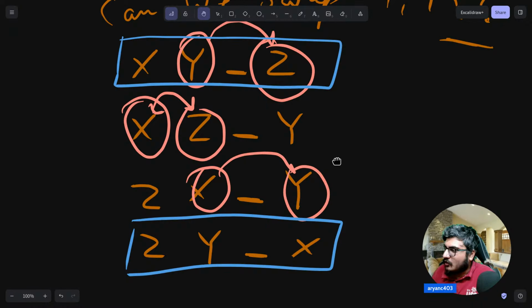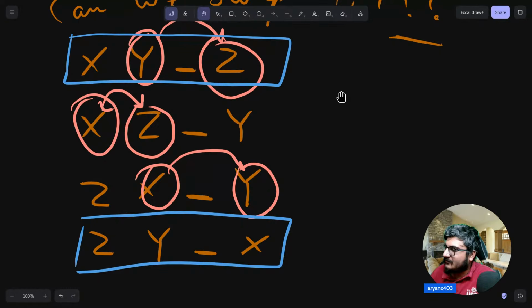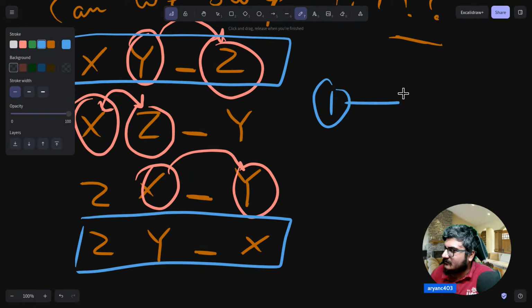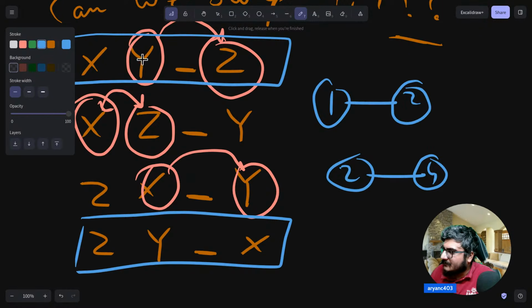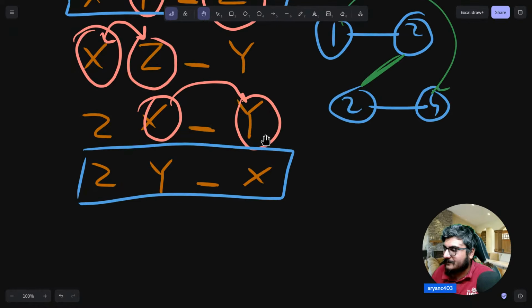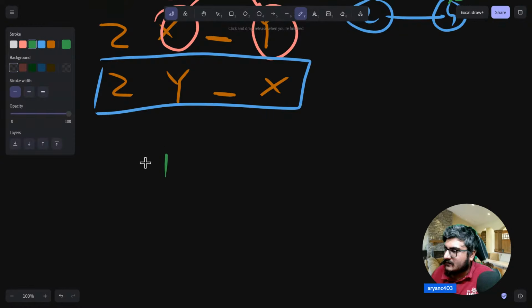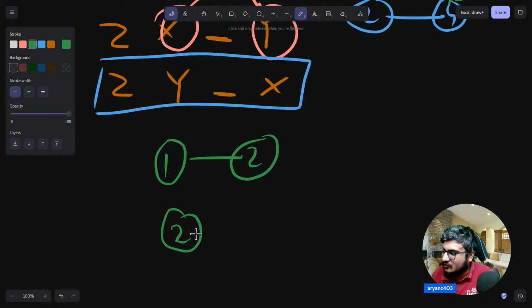So although you are allowed to only swap 1 and 2, and 2 and 4, we have figured out a way where we can keep 2 the same and after some set of swaps we can also swap 1 and 4. So this is the whole idea of this problem. If you can swap 1 and 2 and you can swap 2 and 4, then you can also swap 1 and 4.